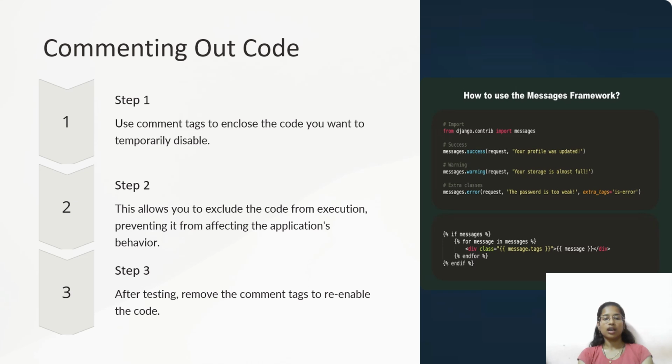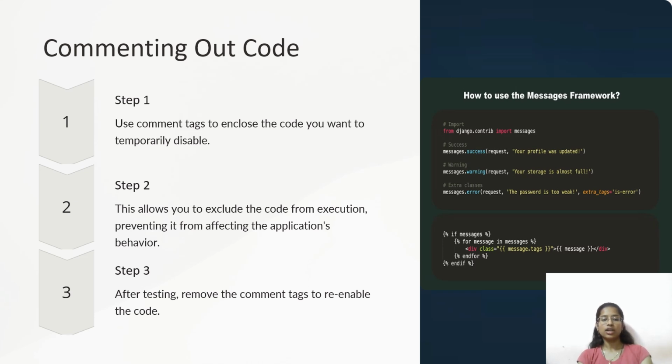The next is commenting out code. Basically, commenting out code means turning code into comments so that it is not executed by the interpreter or compiler. This can be useful for debugging or temporarily disabling parts of the code without deleting them. It includes three steps. The first is to use comment tags to enclose the code you want to temporarily disable.